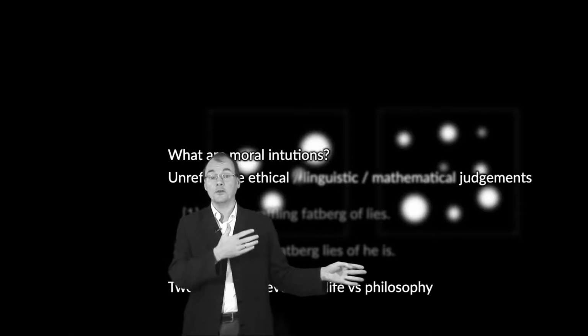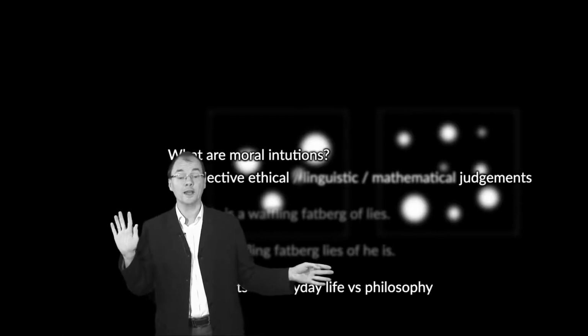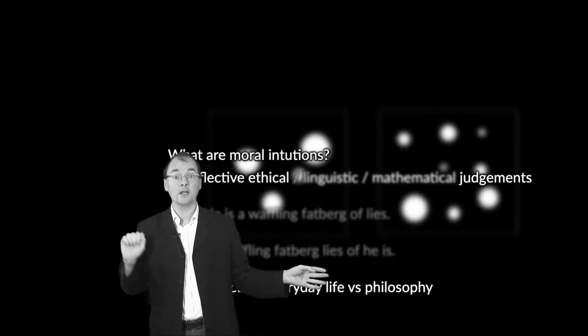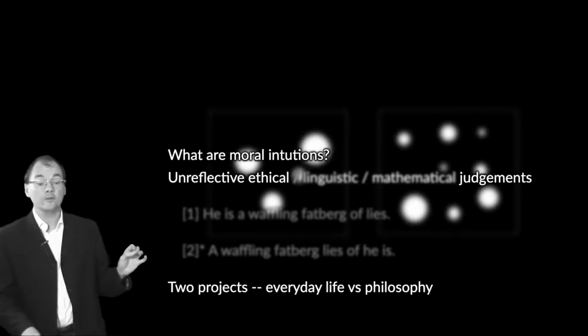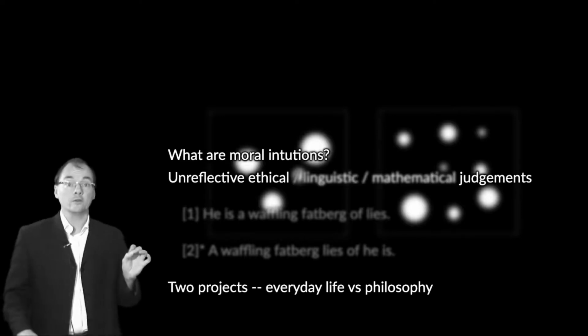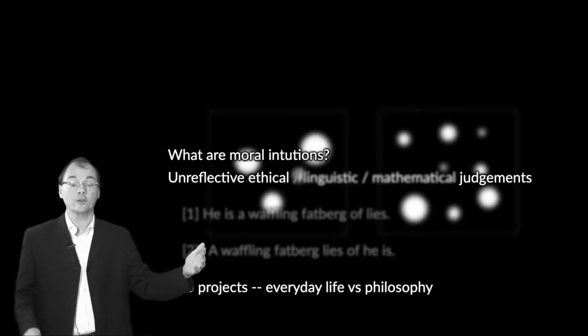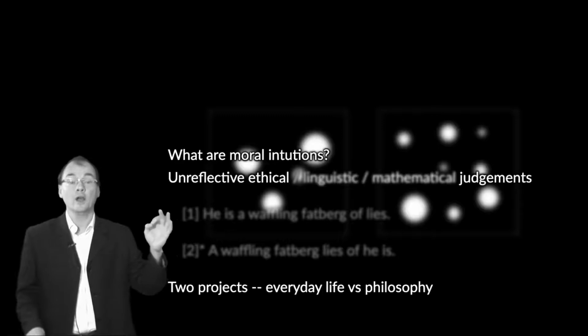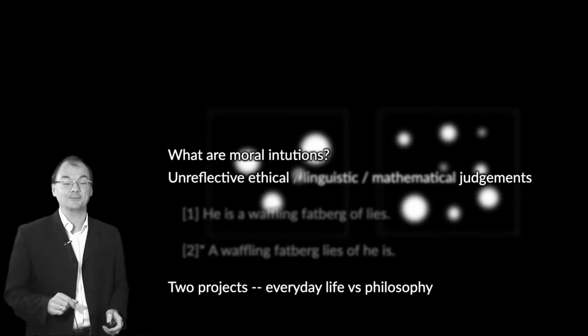So the guesses that philosophers make, the intuitions that they have, may not correspond at all to the unreflective ethical judgments that people in everyday life make. We'll see some examples of that later. So we need to be very careful here. When we're talking about moral intuitions, we're not talking about the kind of things that philosophers, on the basis of considerable training, expertise and reflection, come up with. We're talking about unreflective ethical judgments from everyday life.